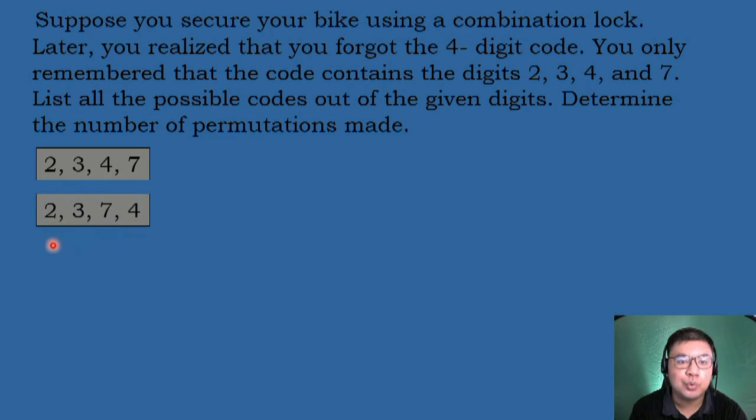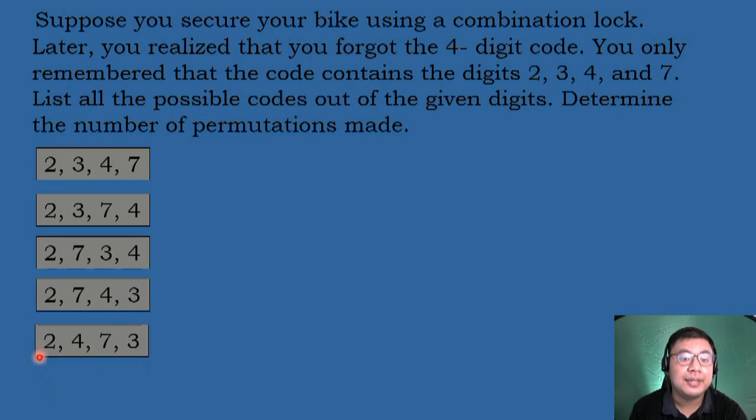And then after that, 2, 3, and then I will just reverse the 7 and 4. Then 2, 7, and then 3, 4 again. And then 2, 7, and again I will place them alternately. I will start with 4, followed by 3, and then 2, 4, 7, 3, and then 2, 4, 3, 7. As you can notice, there are patterns that are created here.